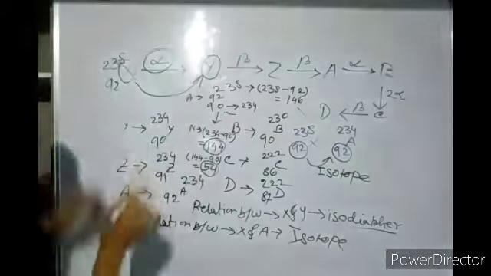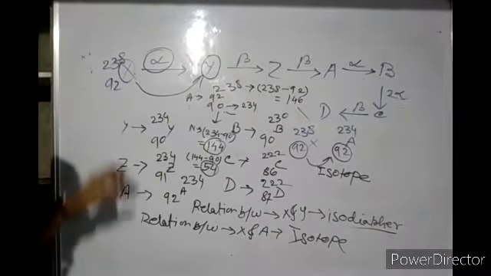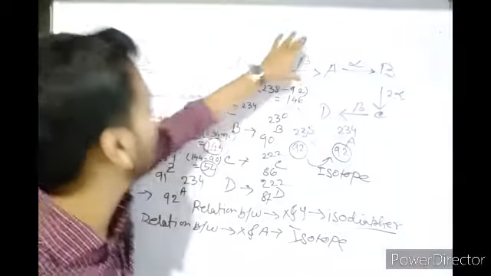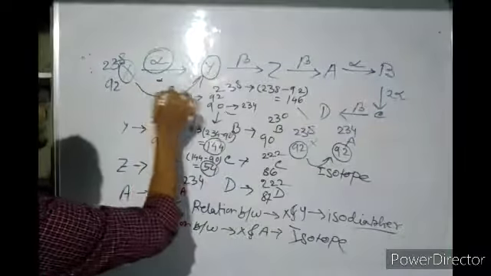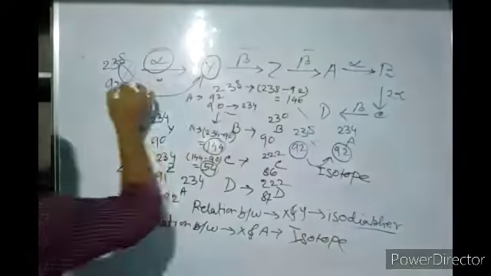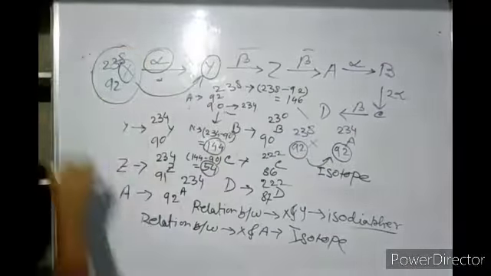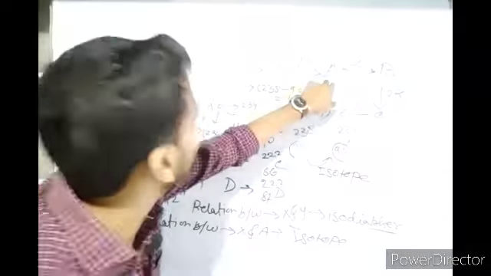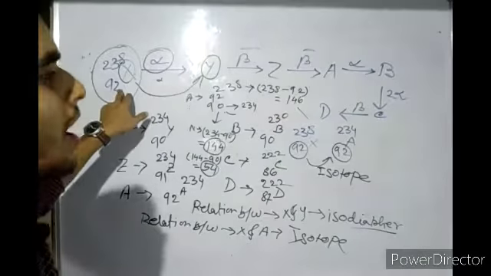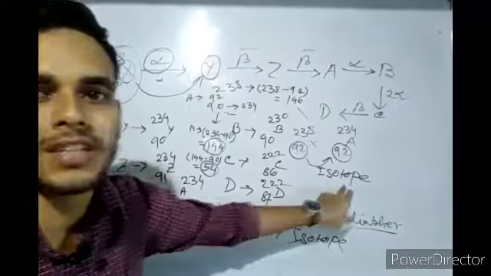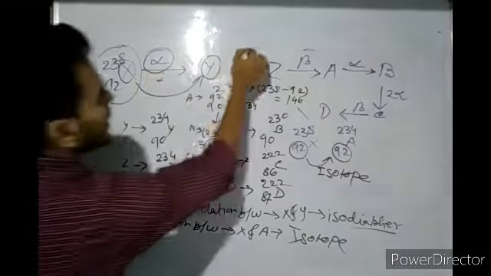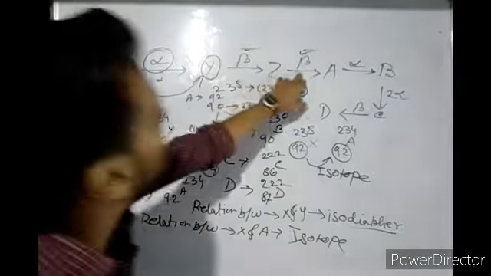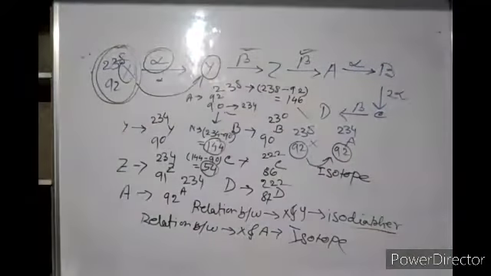So from the series we can conclude that when an alpha particle and two beta particles are emitted from a radioactive nucleus, the relation between daughter nucleus and parent nucleus becomes isotope of each other.